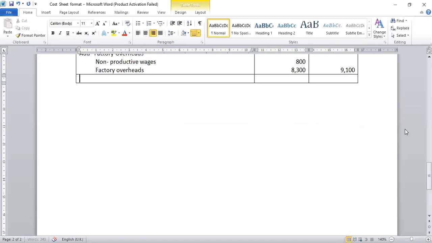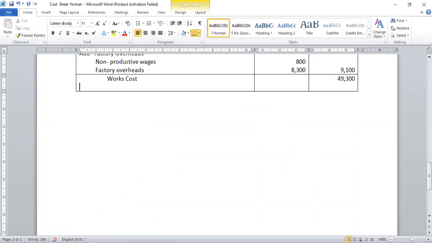So we will get works cost. After adding these, we will get works cost. So the amount of works cost will be 49,300. Make the total. Again in works cost, we have to add office and administrative overheads.